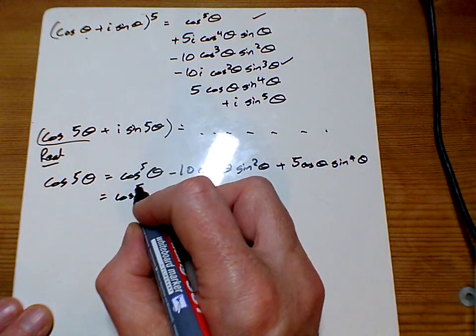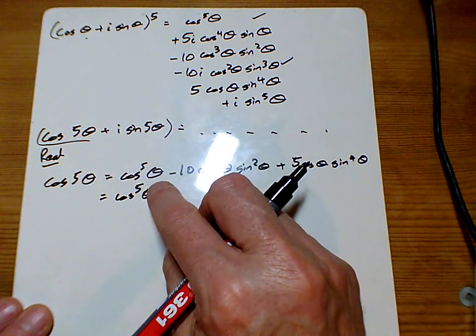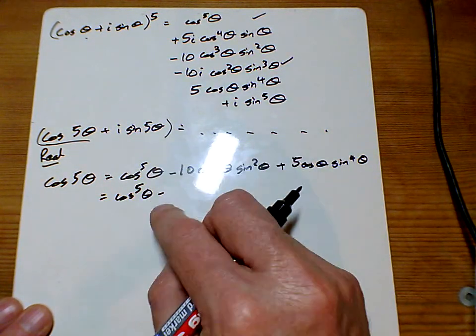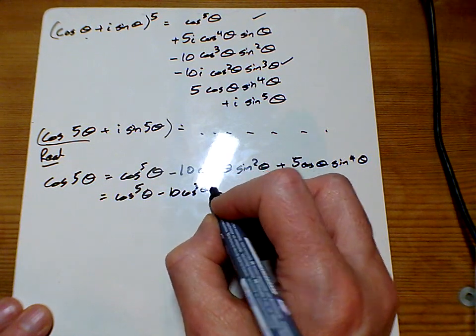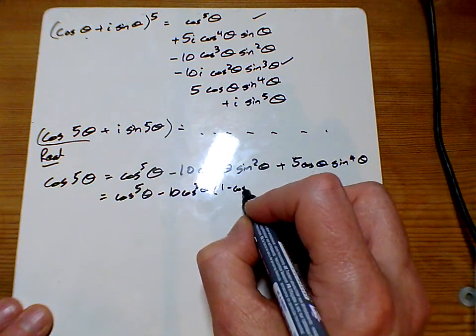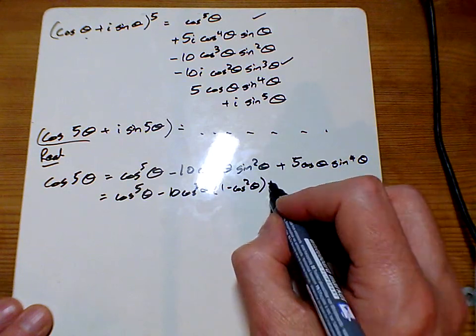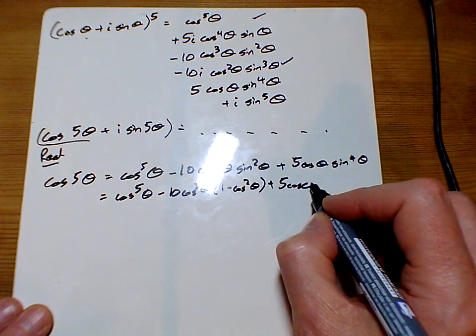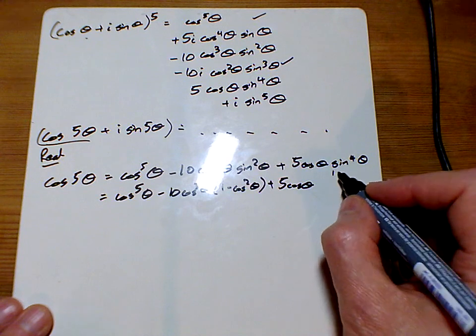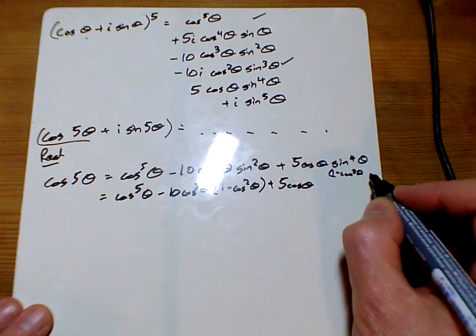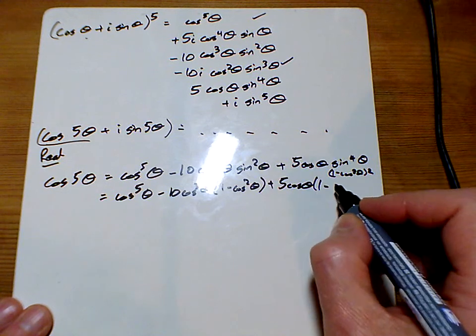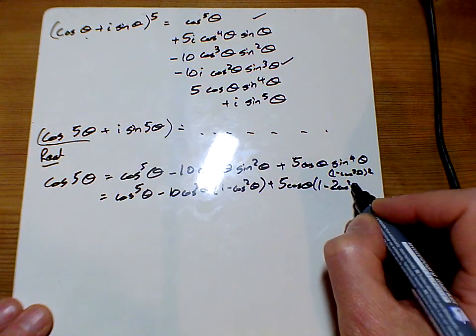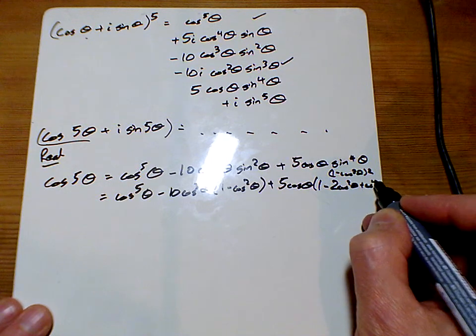Usual thing, I've now got to replace the sine squareds with the 1 minus cos squareds. And here with a 1 minus cos squared squared. So I'll do that here. So I've got 1 minus 2 cos squared theta plus cos to the 4 theta.